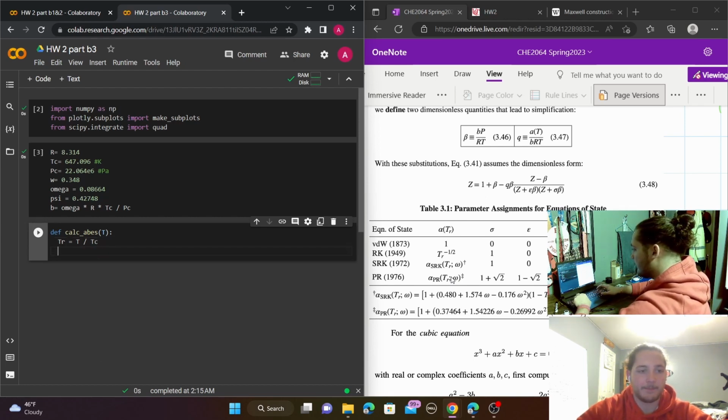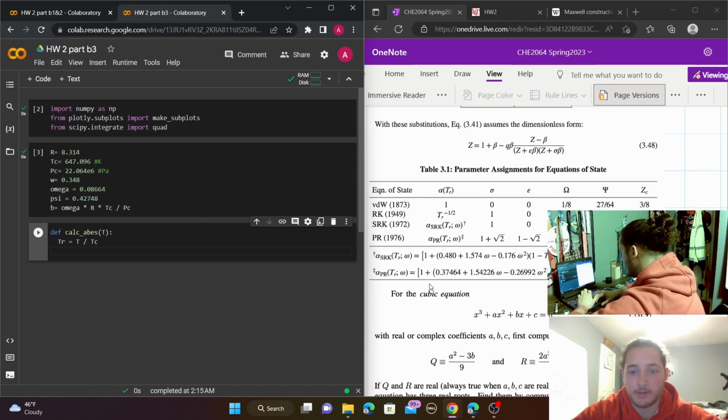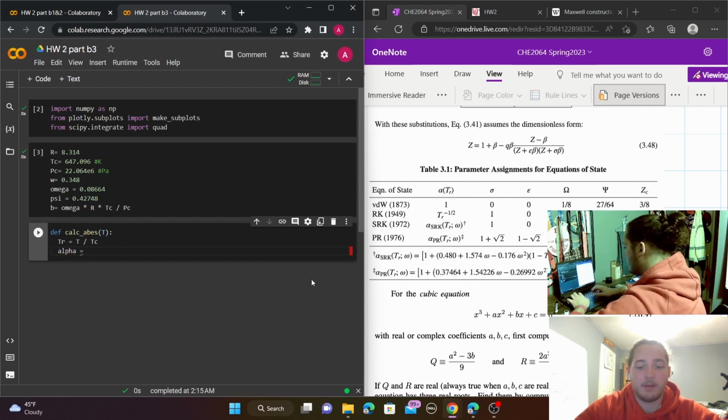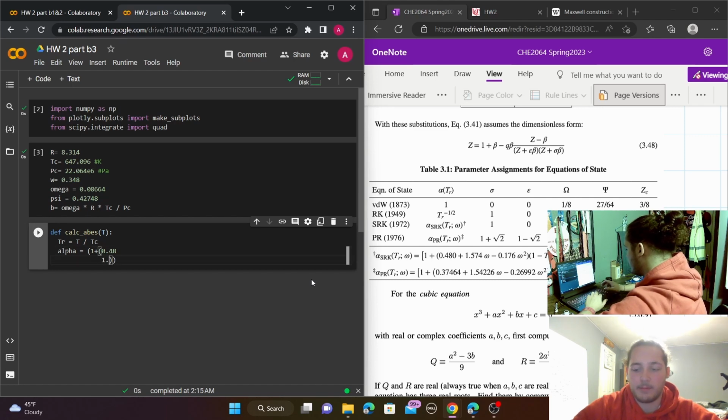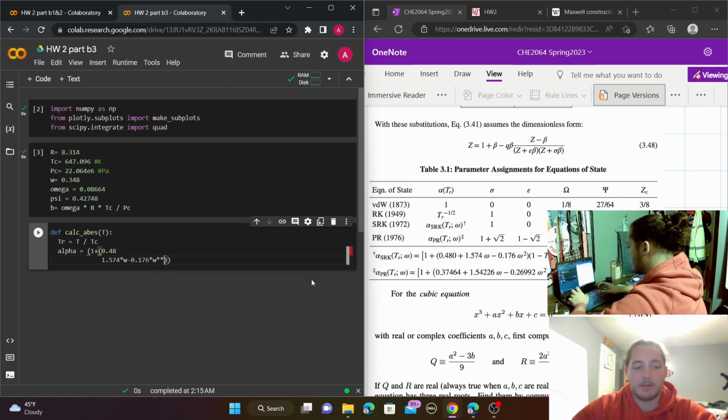And then we can define our alpha equation for our SRK equation of state. So we can make alpha equal to 1 plus 0.48 plus 1.574 times W minus 0.176 times W, and that W is squared.